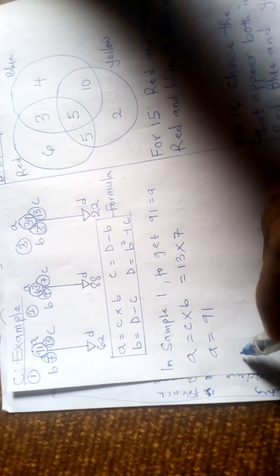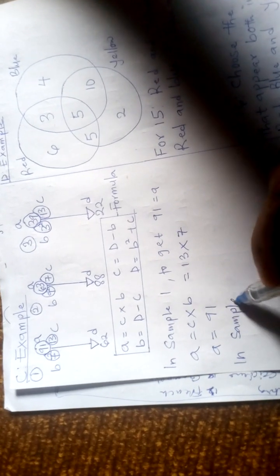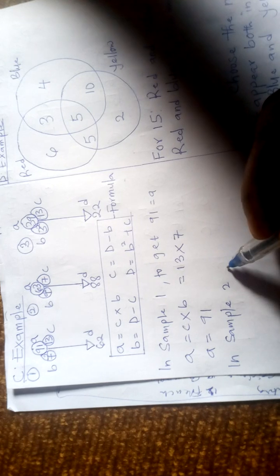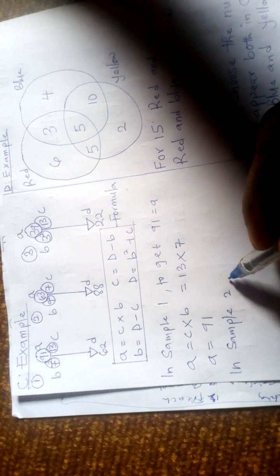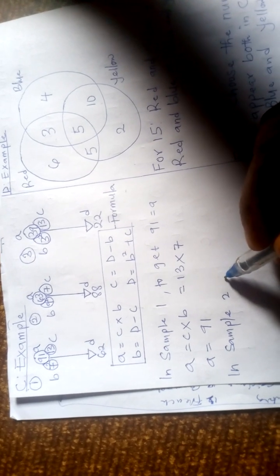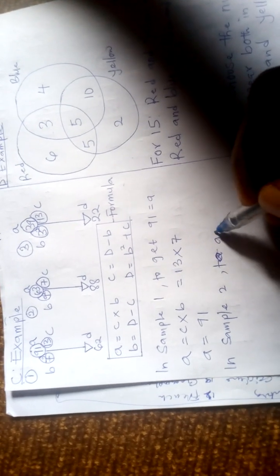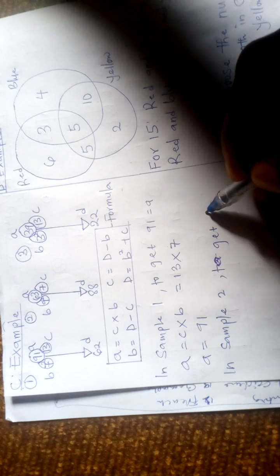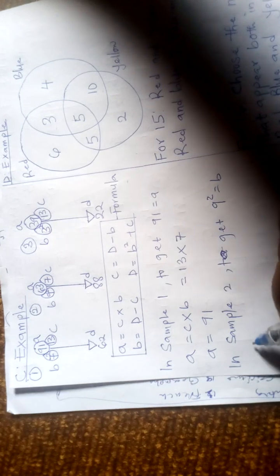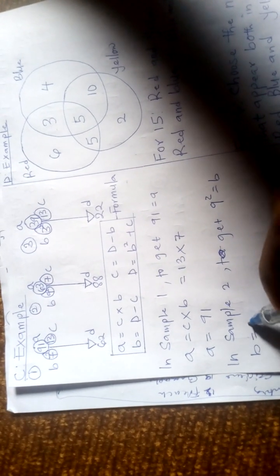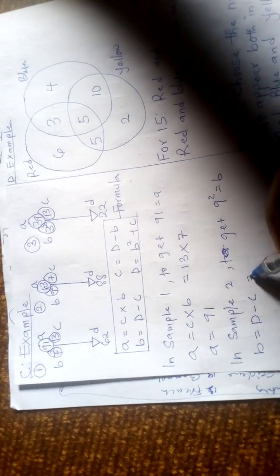We go to the next one. In sample 2, we're trying to make sure that we use all the formulas in the different samples so that you will see. In sample 2, to get 9 square, which is equal to B, B is equal to D minus C. What is on our D?